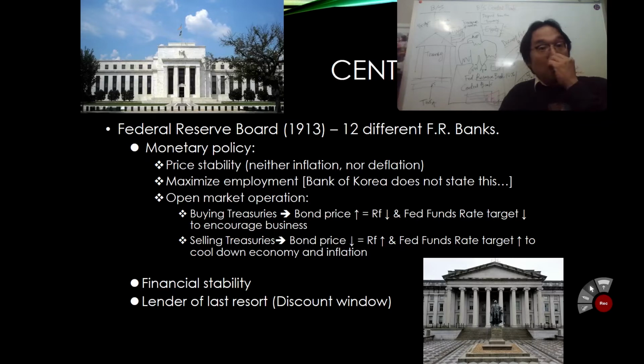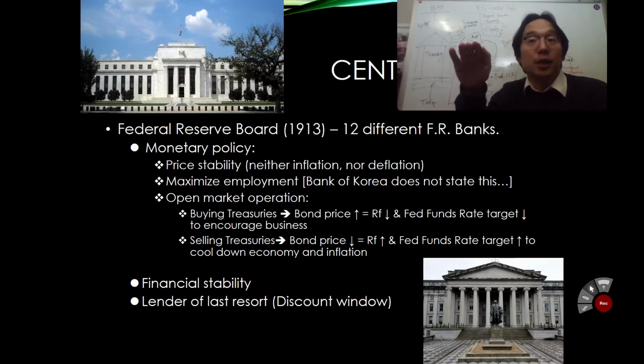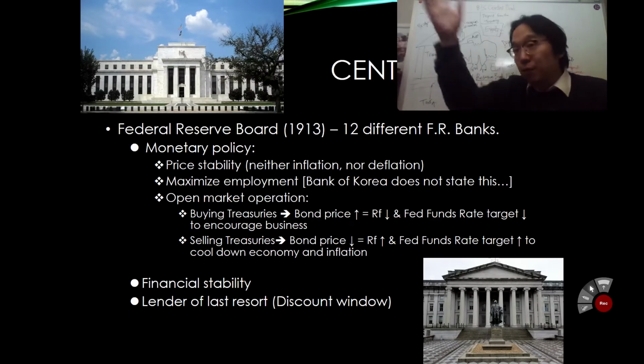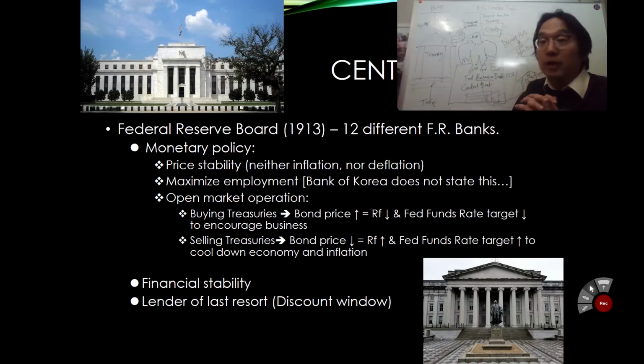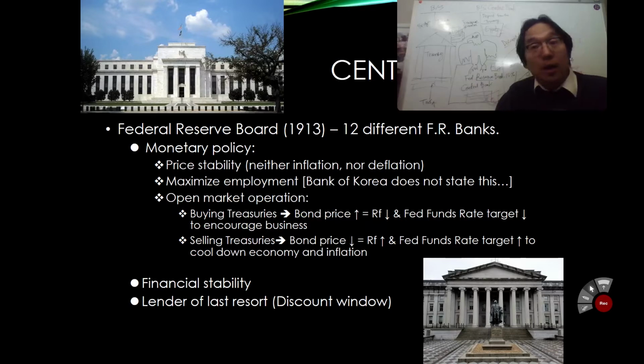Now, for monetary policy, the purpose is pursuing price stability. Inflation, you don't want hyperinflation. You don't want deflation either. It's even more spooky. Are we going toward that kind of deflationary pressure? Maybe these days, we don't know. Economic activity is really contracting.